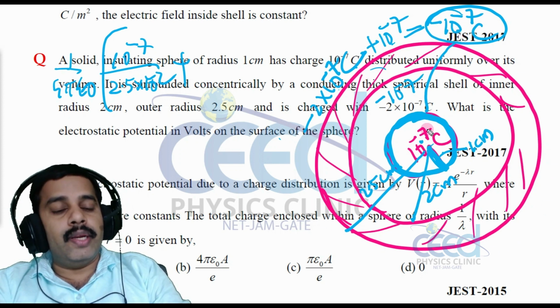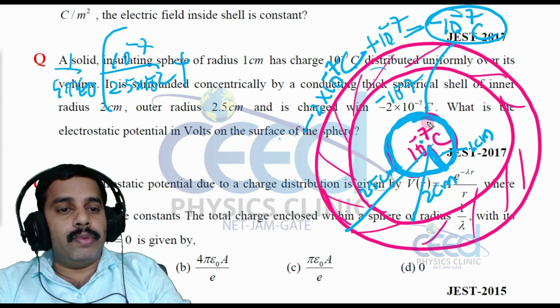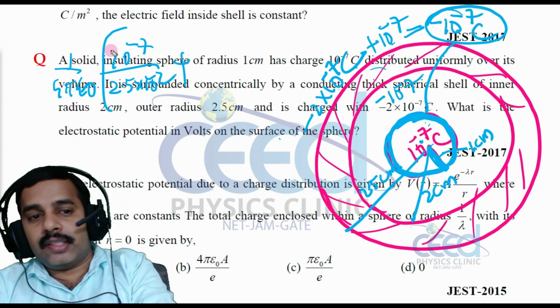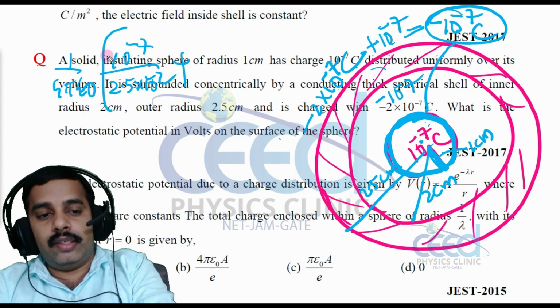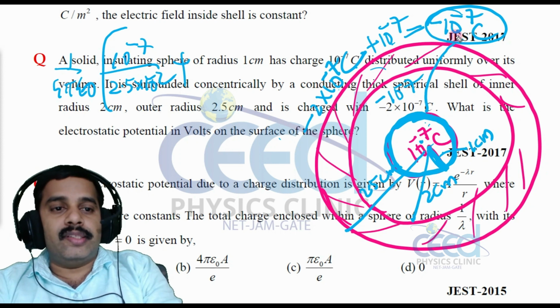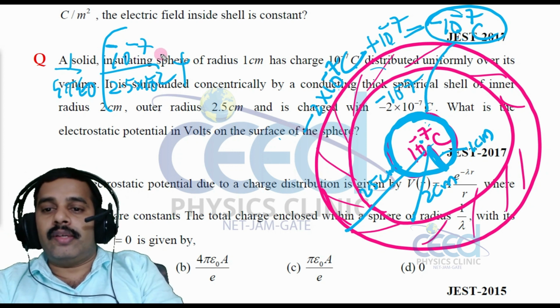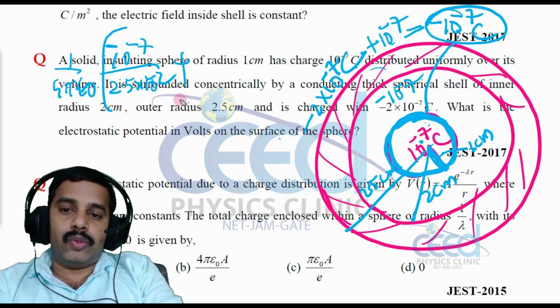Because inside the shell the potential is constant, that will be available on the surface also. So the potential at this point equals the inside point also. So we can write minus 10 raised to minus 7 by 2.5 into 10 raised to minus 2.